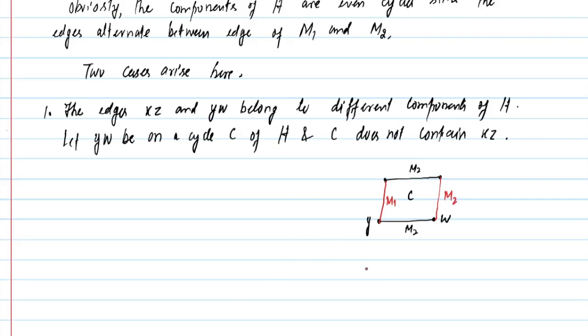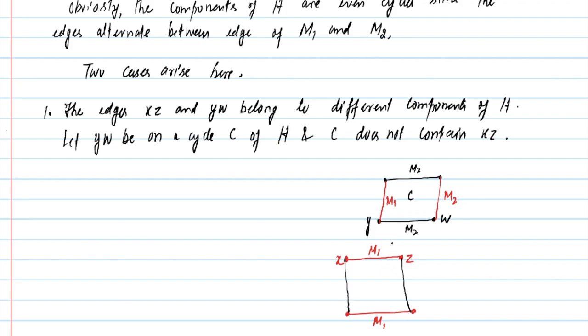And similarly we have another cycle in the graph H that contains the edge xz, because we are assuming that xz and yw are on two different components of H. This is the cycle with the edge xz from the matching M1, and it will have some other edge here from the same matching M1, and since the edges alternate between M1 and M2, there will be edges of M2 as well.